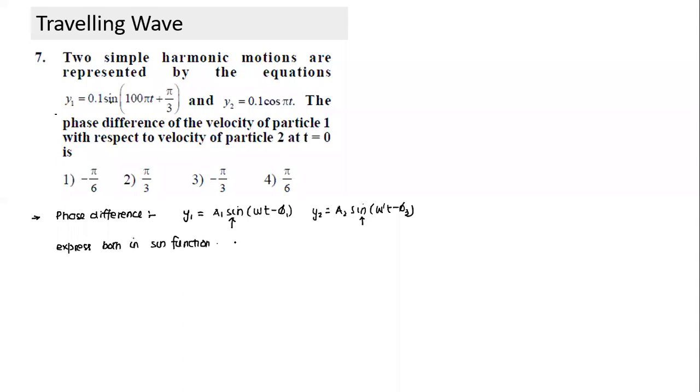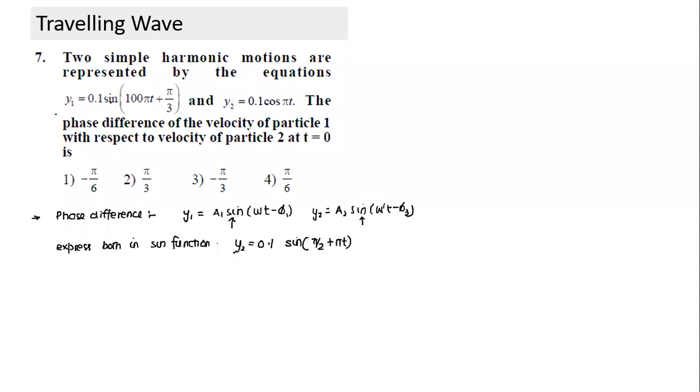This y2 can be written as. When we write in sine function, in this question it is not relevant, but in both cases the sine of omega t has to be the same. Typically we take omega t, and sine has to be taken as positive. So which trigonometric relationship do we use? Sine of pi by 2 plus theta is equal to cos theta. So we substitute sine of pi by 2 plus pi t in this equation.